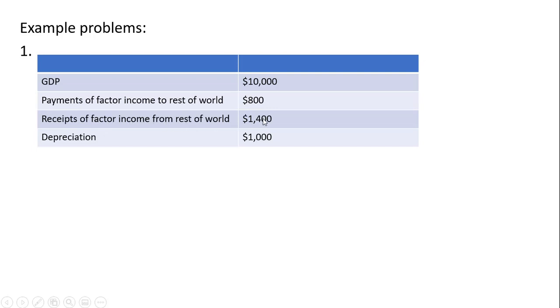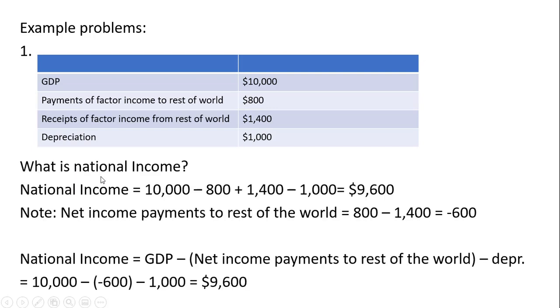So this would be the salary of an American working in Canada. And then finally, depreciation. So what is national income? National income is going to be GDP minus the payments of factor income to the rest of the world plus receipts of factor income from the rest of the world less depreciation, and this equals 9,600.